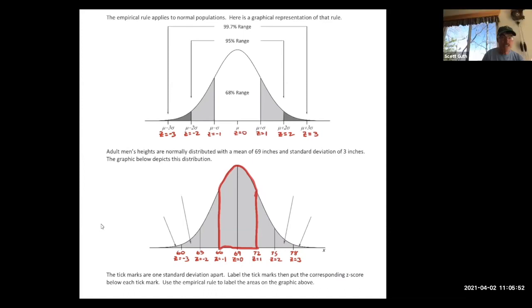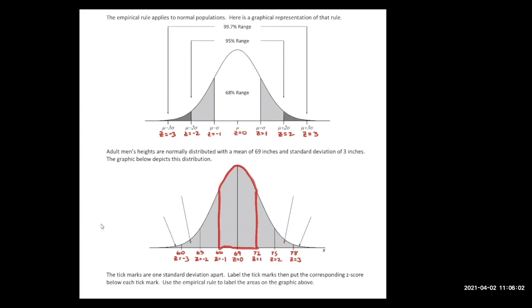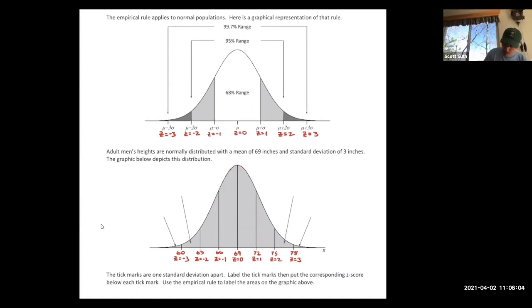Right, which is 0.68, but you see I have it sliced in half. So what are the 2 halves? 34. Good. So each side will be 0.34. So this is just based on the empirical rule, which is the graphic on the top here.